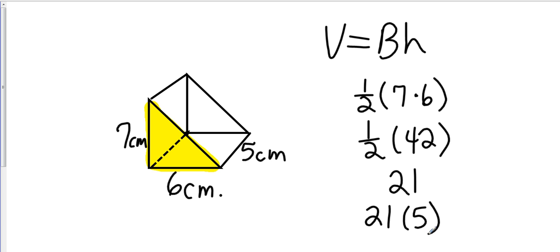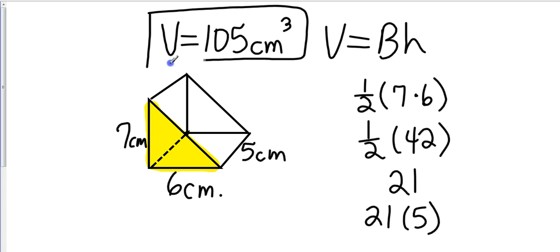So 21 times 5 gives me 105. And in this case, it's going to be centimeters cubed. 105 centimeters cubed. All right, so again, area of the base times the height.